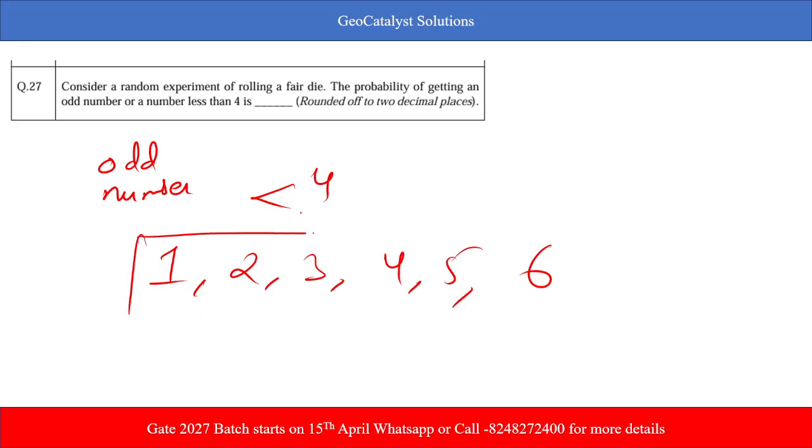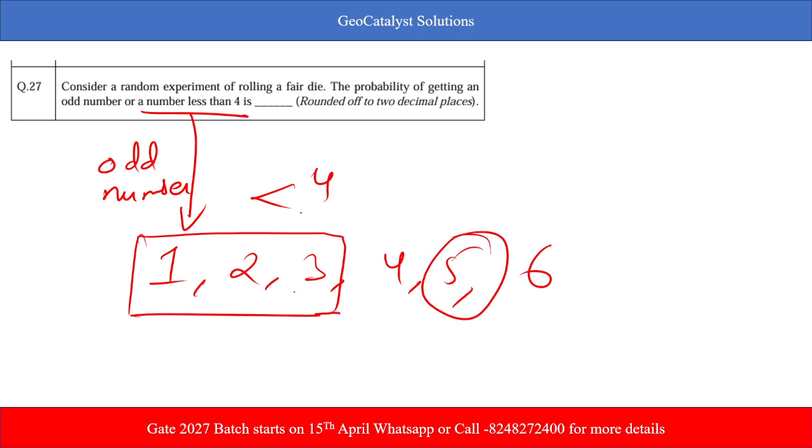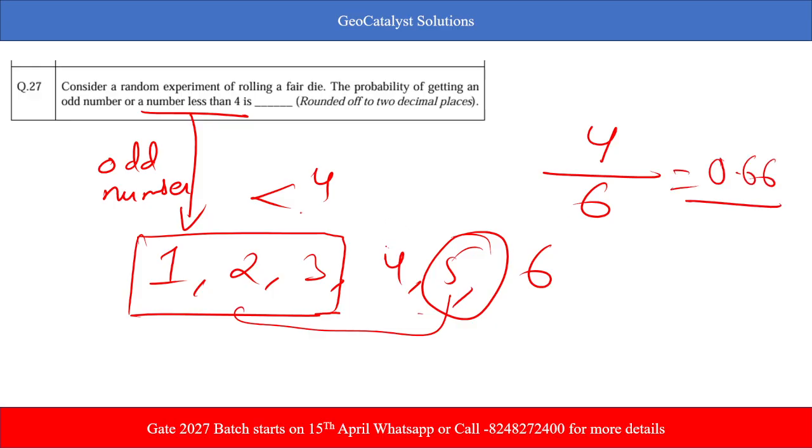Probability of getting a number less than 4 is this, or an odd number is also valid. So what is the probability of getting these 4? 4 out of a total sample size of 6. So 4 by 6 is 0.66. So only this 2 is not allowed. So 0.66, 0.67, anything you can mark.